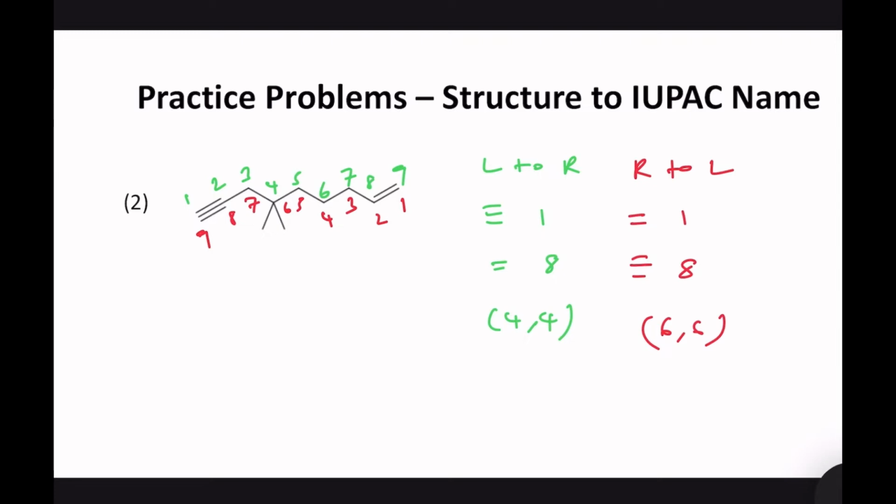Whenever you have a tie, preference must be given to the double bond, not to the triple bond. You should not look at the substituent numbers here.